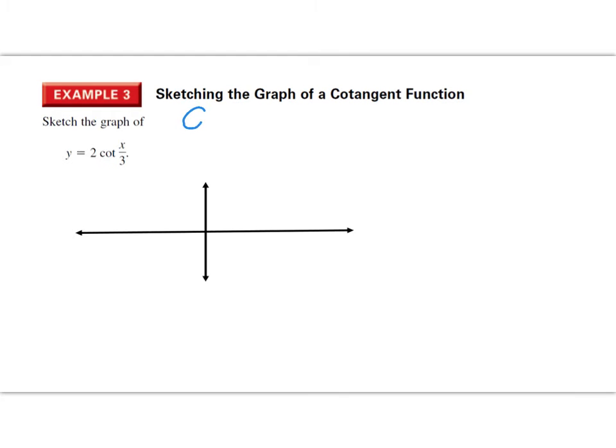So if we go through here and graph this one, the first thing we need to think about is we have an amplitude of 2, and then we need to think about the cotangent and 1/3, which means it's going to make our period 3 pi. So if we go back to what the cotangent does, before we had an asymptote at 0 and an asymptote at pi.